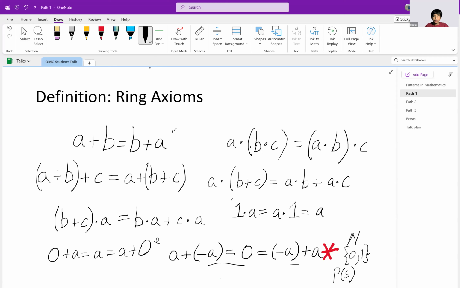If that is not holding, we call it a semi ring. Otherwise, we call it a full ring. This is just a structure so that we can check some properties of it.